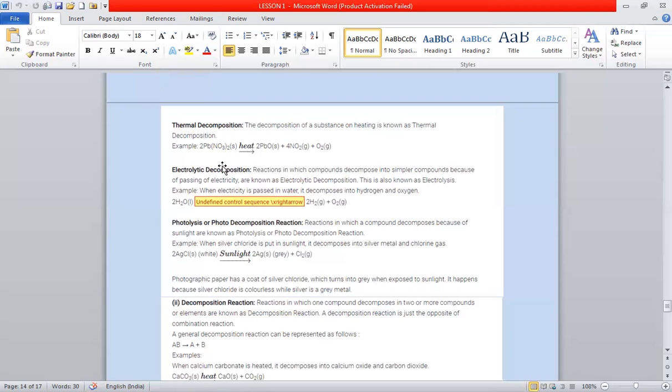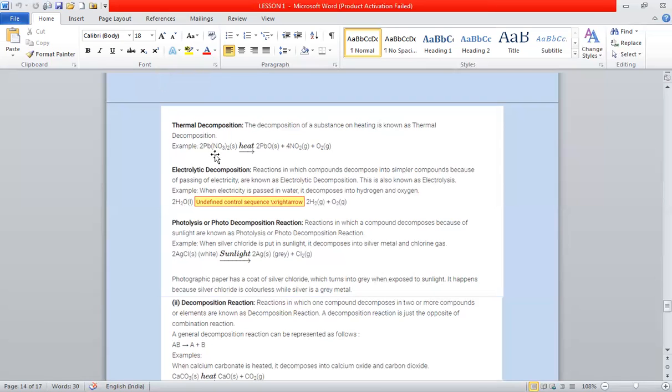Heating of lead nitrate. Lead nitrate is an inorganic compound available in the laboratory as colorless crystals. On heating, lead nitrate breaks into simple substances.